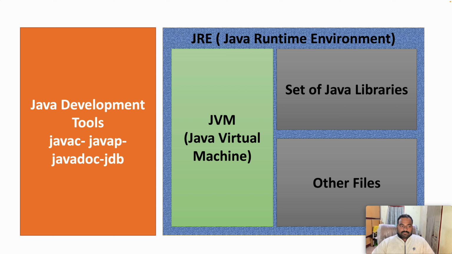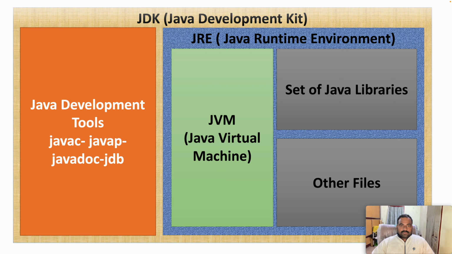Apart from that, there is also a complete package called the Java Development Kit. The Java Development Kit contains all these Java development tools, the JRE, and inside it the JVM. When we are developing something, the JDK should be installed on our machine.